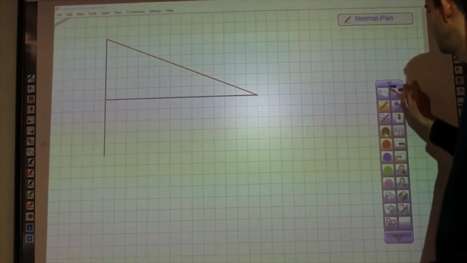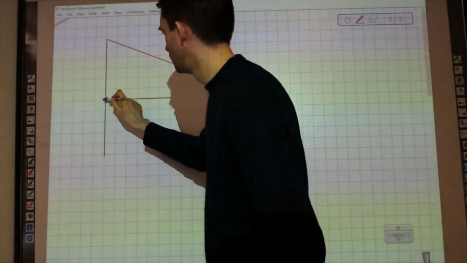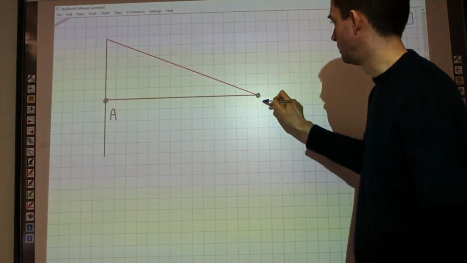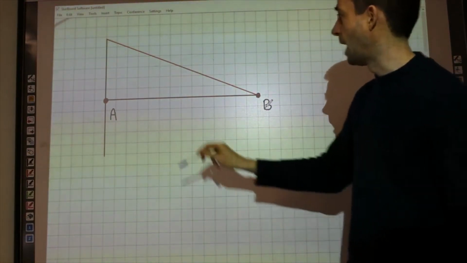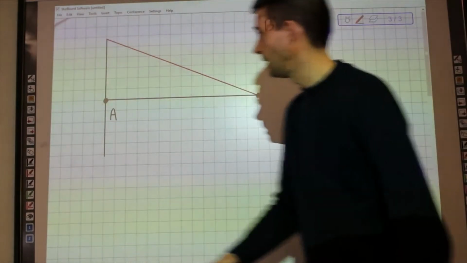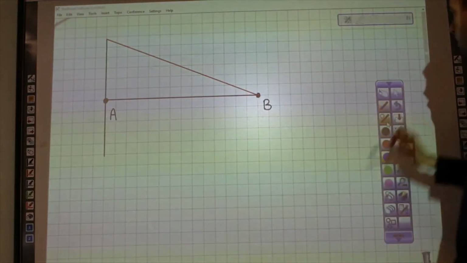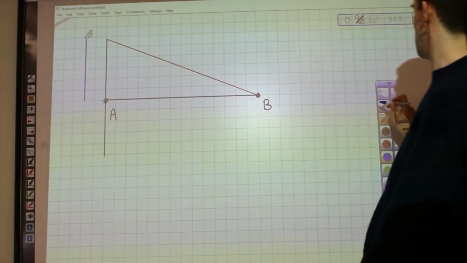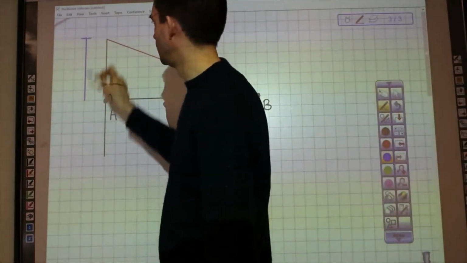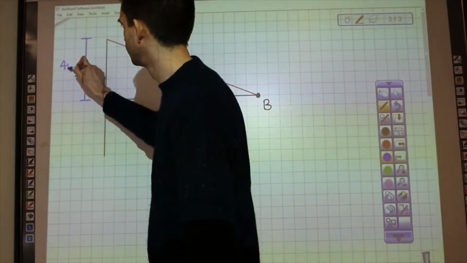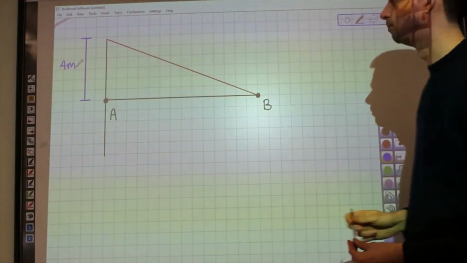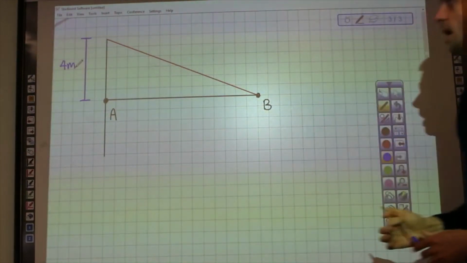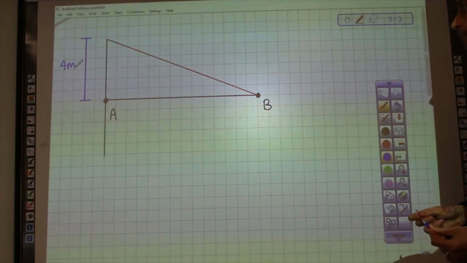So this is the point A, this is the point B, and it's being held in place here. We were told in the question that that distance there was 4 meters vertically above A. And then at A we have a smooth hinge, but I'll deal with that in a minute.